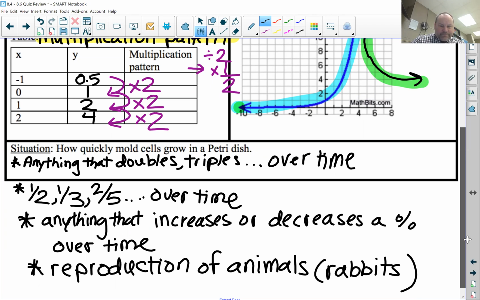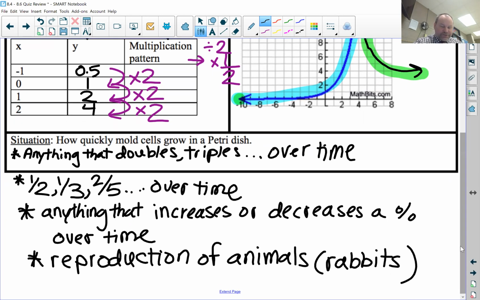Sometimes, like in chemistry, they talk about the half-life of an element. It could also be something that increases or decreases by 1% each year over time, or the reproduction of animals or bacteria or humans or whatever. That would, at least in the beginning stages, be represented by exponential growth.